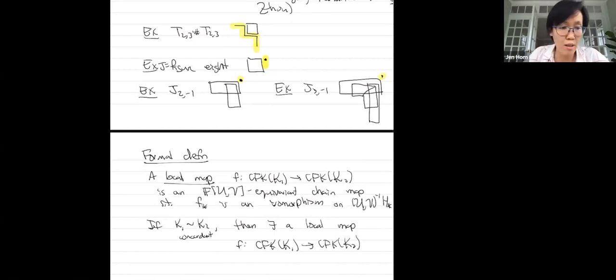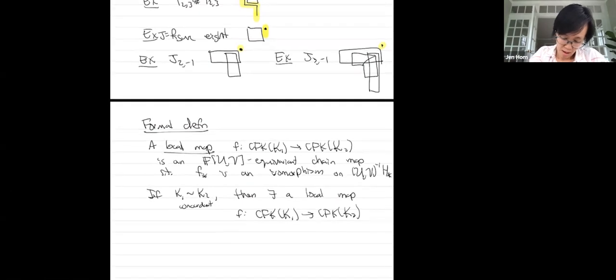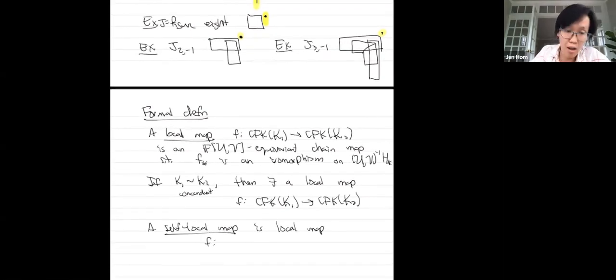This is just induced by the concordance. And then a self-local map is just a local map that's an endomorphism, so it's a local map F from the knot Floer complex of K back to itself.